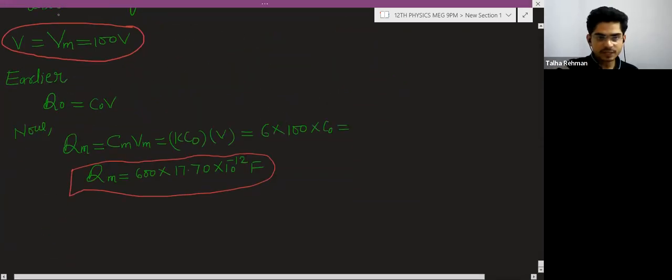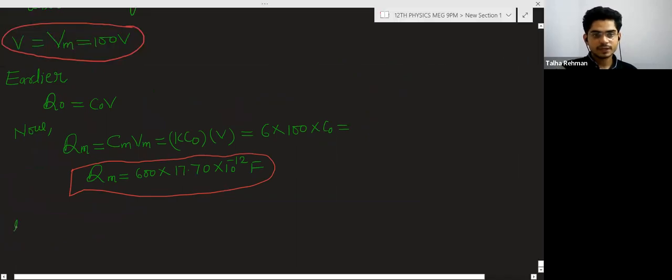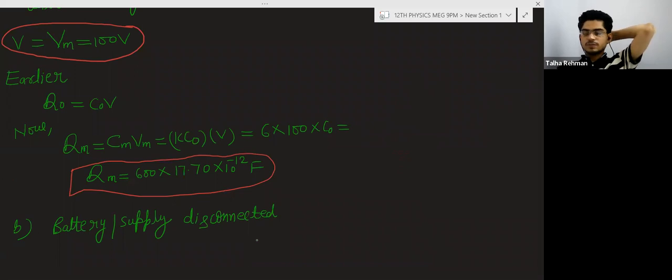Now there is another case in which the battery, or you can say the supply, is disconnected. Now you can imagine, if you remove the battery from the capacitor, what will happen?